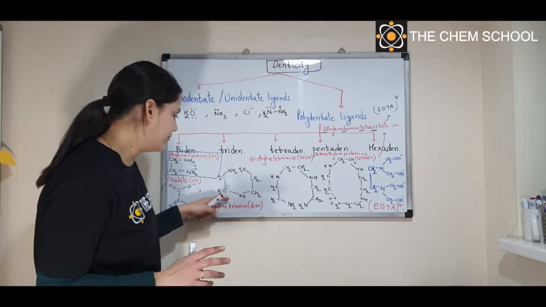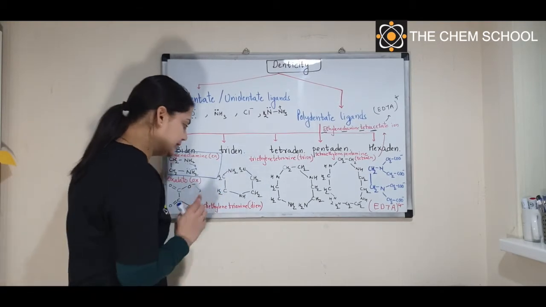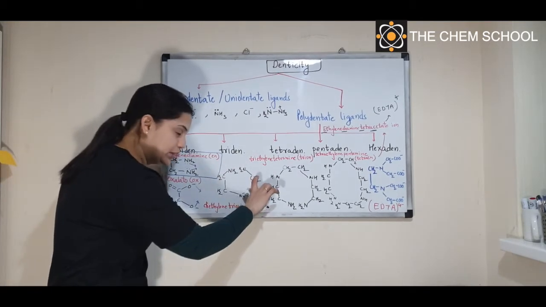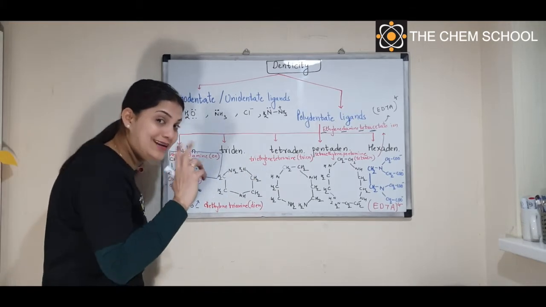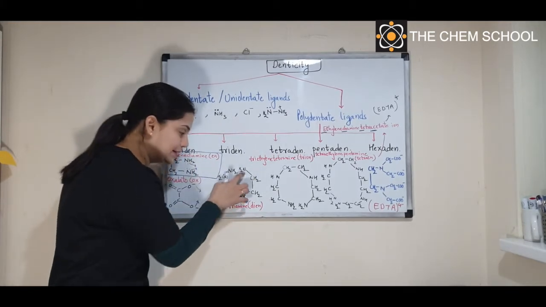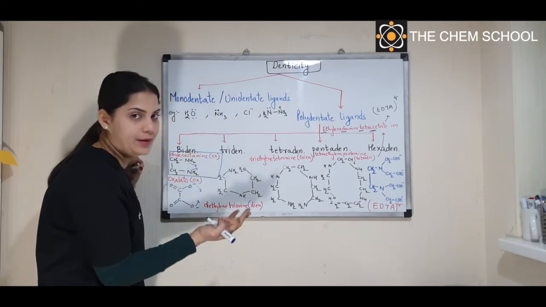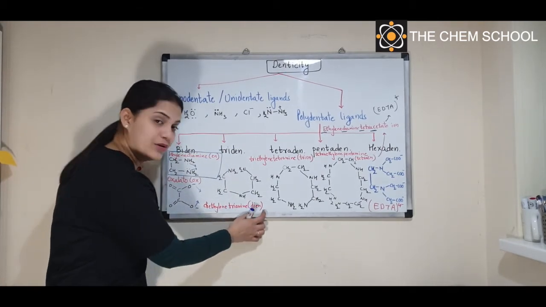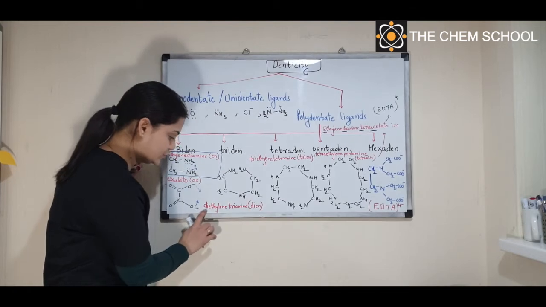The next is tridentate. In tridentate, I have taken this example. Now have a look at this. CH2, 1 ethylene, 2 ethylene. So you have 2 ethylene, therefore diethylene. Count the nitrogen you have: 1, 2, and 3. 3 nitrogen, therefore triamine. So diethylene triamine, and the symbol will be dien based on this.